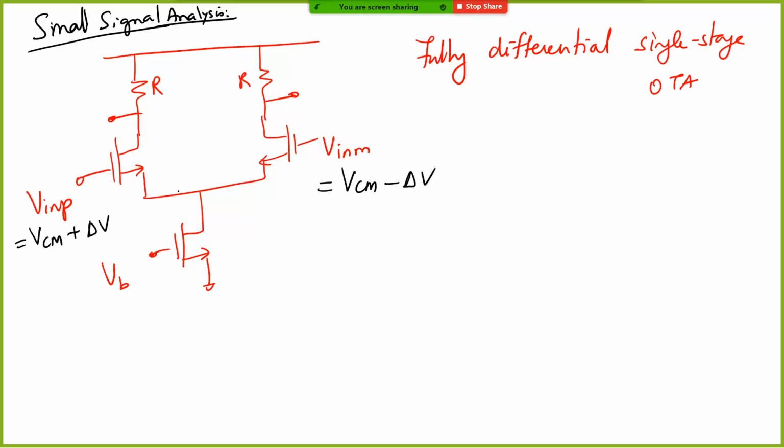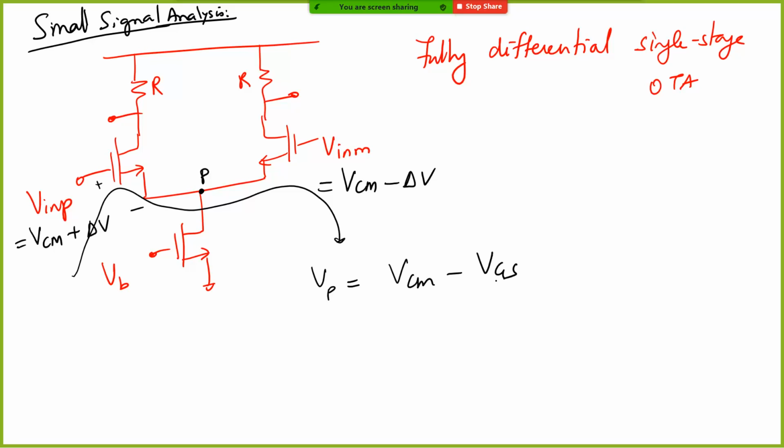Now what will be this node? Let's call it SP. What will be this voltage? If you write the KVL across this whole thing, starting from here and going around, you will see that VP will be just VCM minus the VGS required for this one.